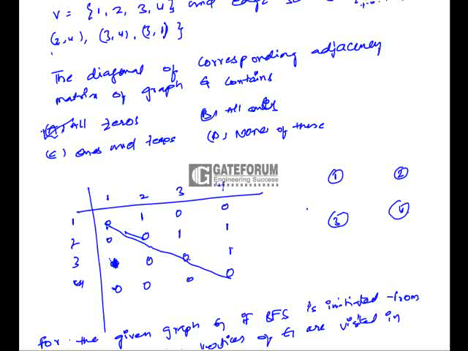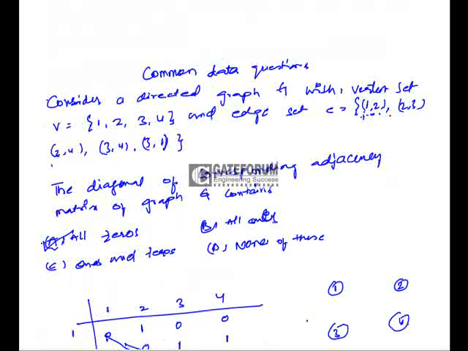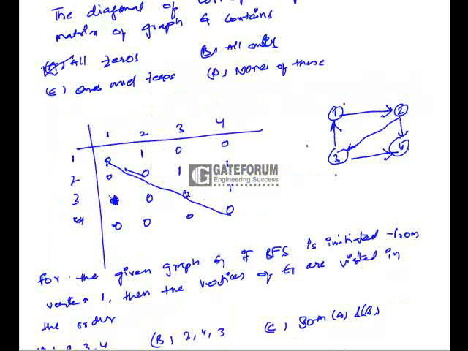So there is an edge from 1 to 2, and 2 to 3 is also an edge, and 2 to 4, and 3 to 4, and 3 to 1. So this is one edge and this is the other edge. So this is the directed graph for the given edge set and vertex set.